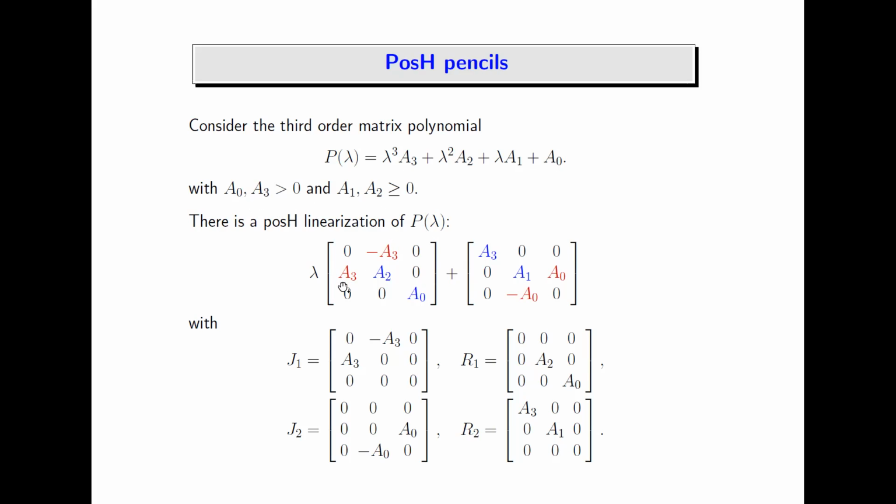In the following, I will in general use blue for the Hermitian positive semi-definite part and red for the skew-Hermitian part. So indeed, you can see by these assumptions that the Hermitian parts here are positive semi-definite. This is a little bit unfortunate with this assumption on A0 and A3, but there are other linearizations where you do not need this assumption.